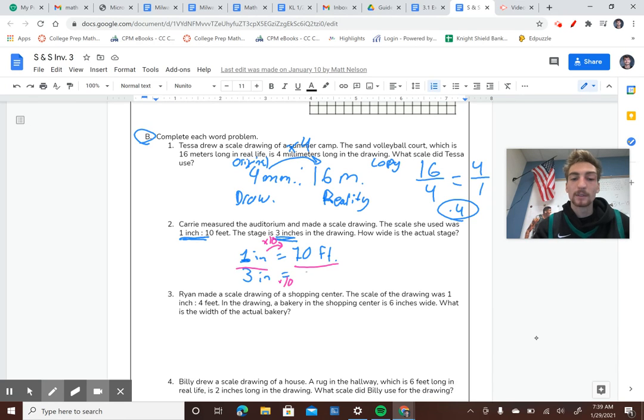All right, I could put a missing variable in for S that could represent the stage, so that's why I put in S. I could do 3 times 10, 1 times S, and so here I would get 3 times 10 equals 30, and then over here I have equals 1S, which is just equal to S, so 30 equals S, and that's if we use the cross multiplying method.